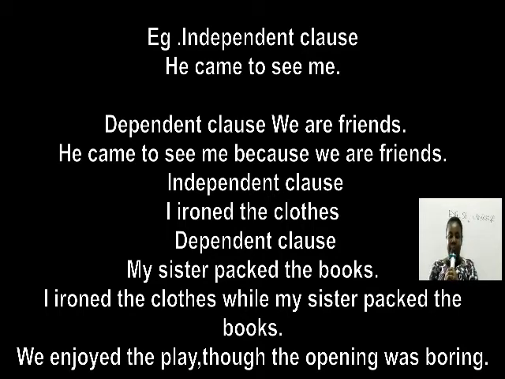Here, the opening was boring becomes a dependent clause to we enjoyed the play. To join these two sentences, we have to bring a subordinating conjunction, and that is though. So: we enjoyed the play, though the opening was boring.